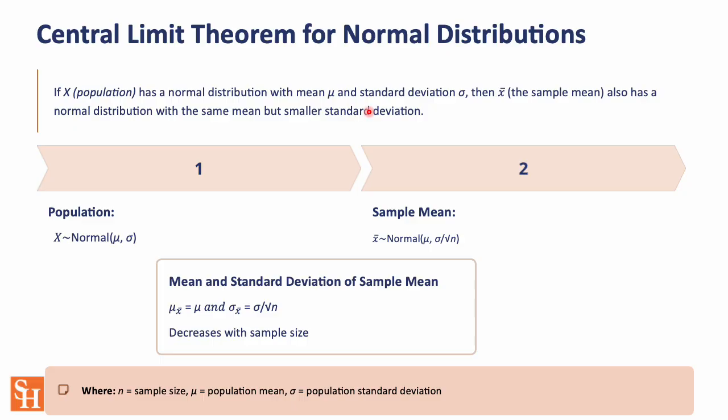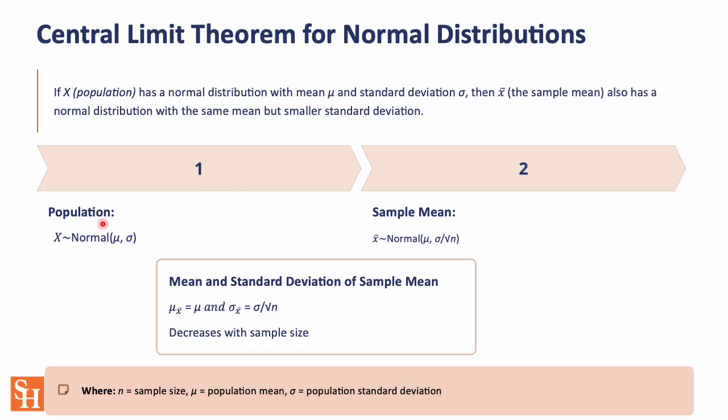We'll see what the standard deviation is here. Let me repeat again. If the original distribution of the population is normal with mean mu and standard deviation sigma, then the distribution of the sample mean is also normal with the same mean and a smaller standard deviation. Now let's see what we have.